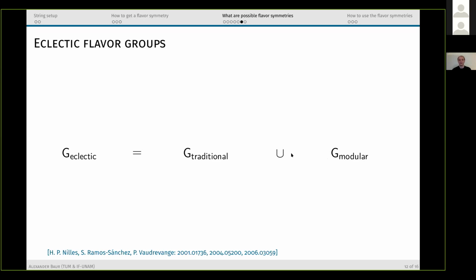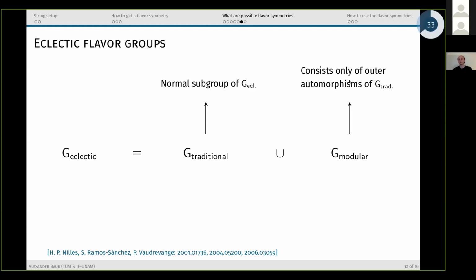And this gives rise to a nice, or at least a very constrained, structure. Namely, the traditional flavor group has to be a normal subgroup of the full eclectic flavor group, and the modular flavor group can only consist of outer automorphisms of the traditional flavor group. So this setup is really, really constrained.